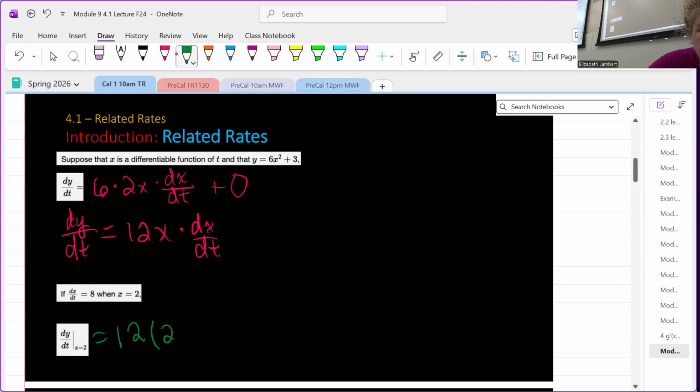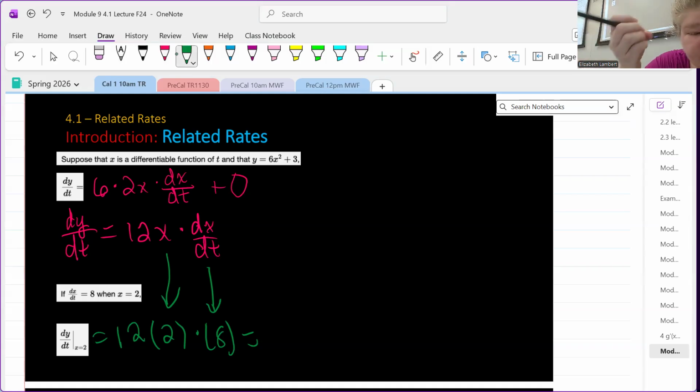So x is 2 and dx dt is 8. So we get 8 times 24. 192.